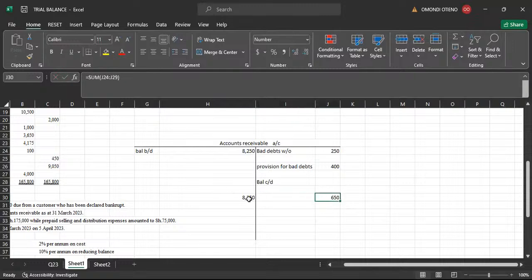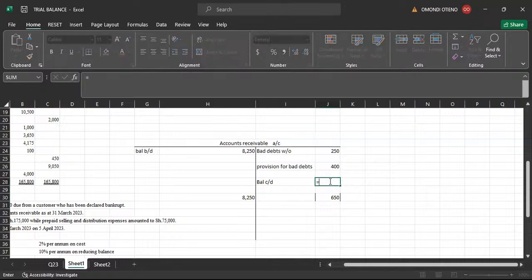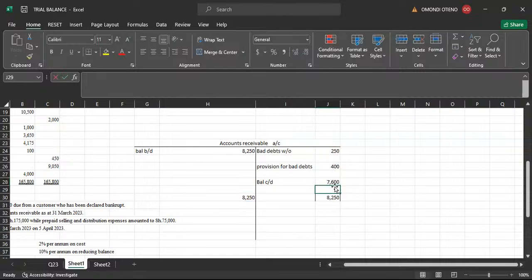But then I need to have 8250 both sides. I'm already having 650. So to balance the account, what do I need to do? I will check this minus what has been taken away. So my balancing figure is 7600.